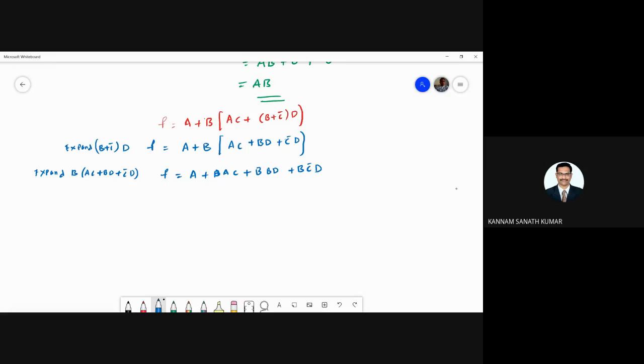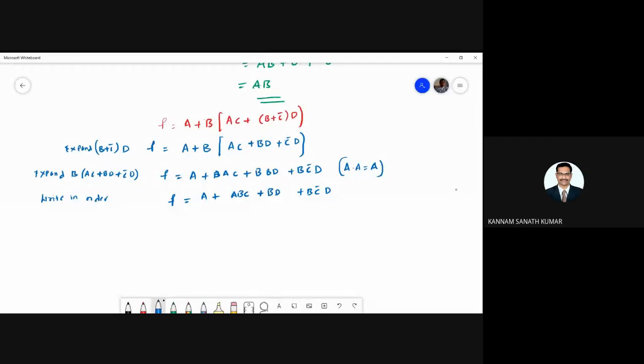Now write in order. F equals A plus ABC plus B into B. B into B is identity law, B into B equals B, so this is BD. And BC̄D.